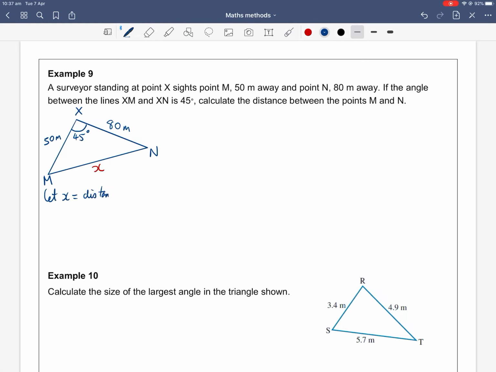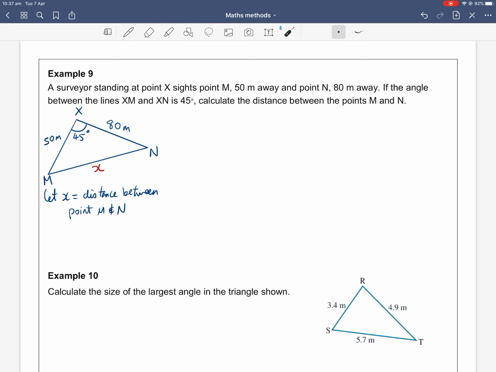So let x be the distance between point M and N.